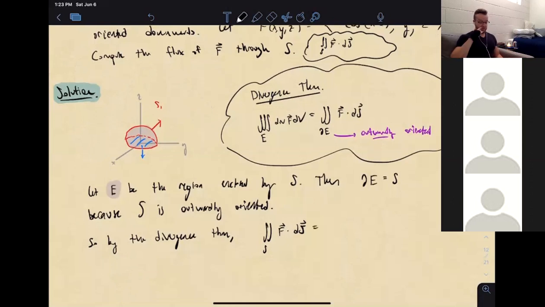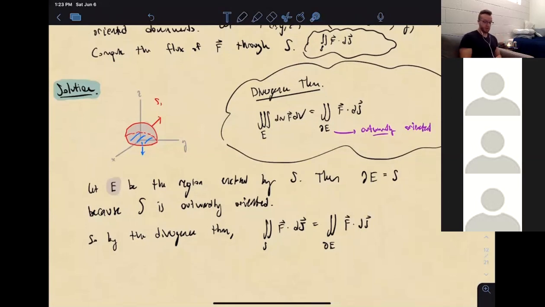So the next thing I would write is the surface integral of F over S that we care about, well, by my remark here, S is the boundary of E. And if S were inwardly oriented, to answer the question, the only thing that would change is that instead of writing boundary of E here, I would write negative boundary of E, and then I would have a negative sign to pull out.